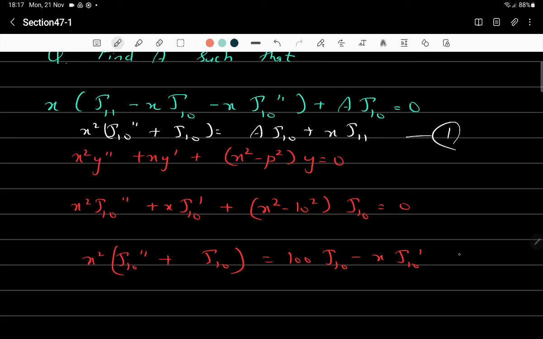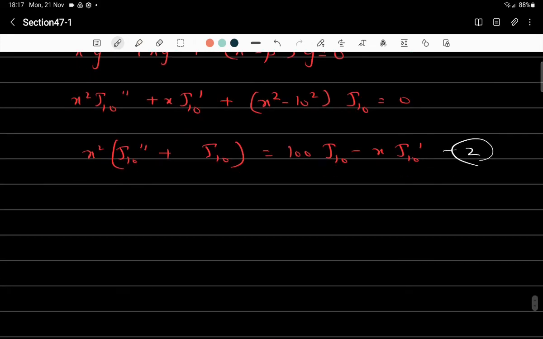So if you see equation 1 and 2 and look at the right hand sides, then a J10 and 100 J10 are there, but here I have x J11, and there I have minus x J10 dash. It means that I want to write J11 in terms of J10 dash. So I have to again use the suitable identity. Recall that Jn dash or Jp dash is n by x Jn minus Jn plus 1.